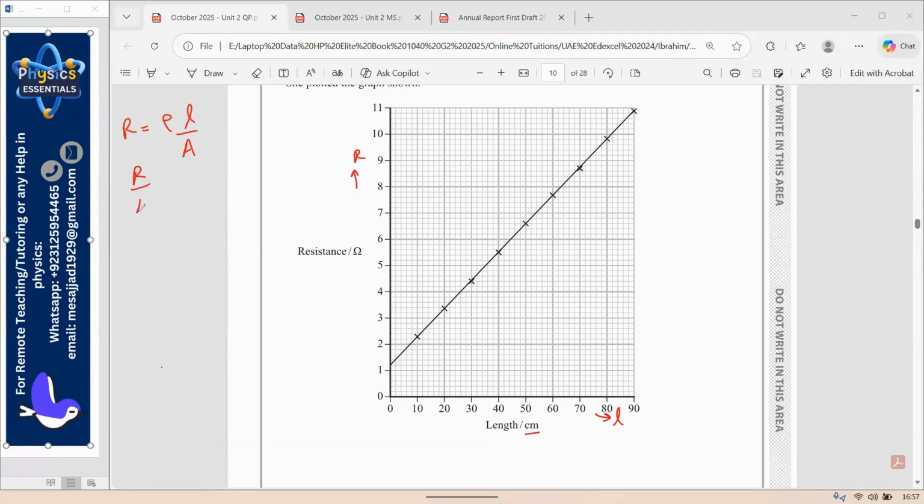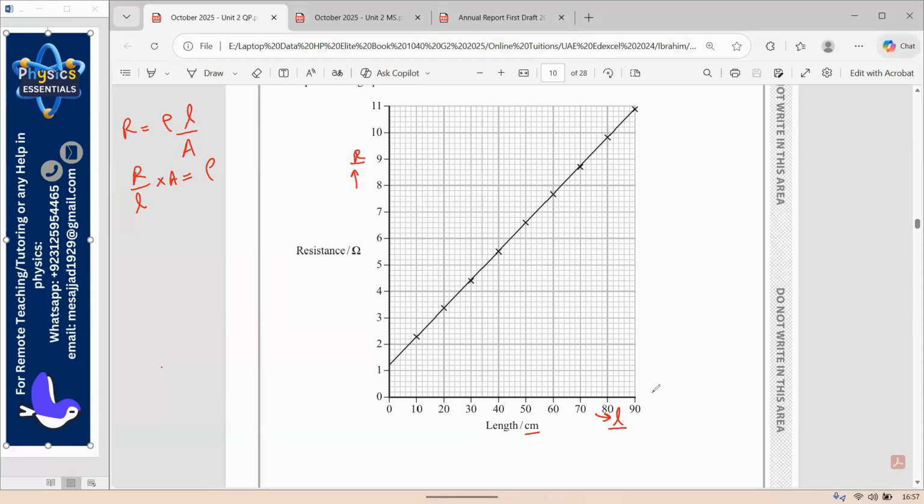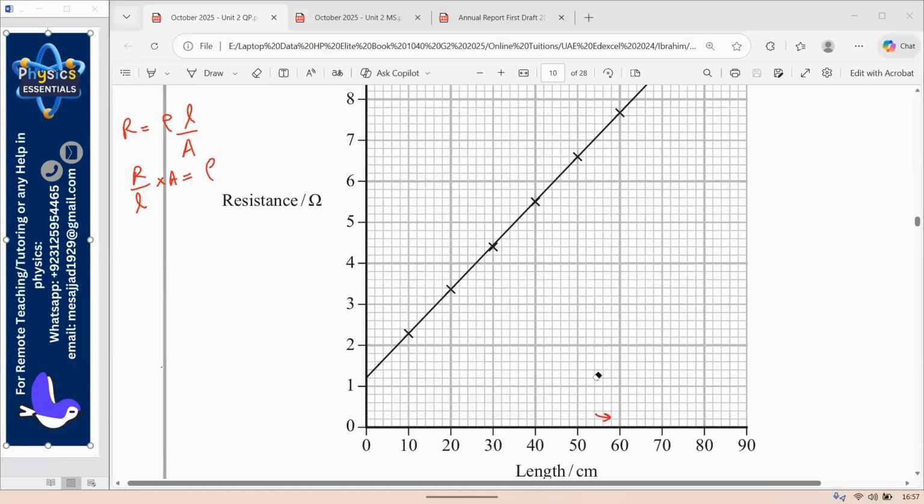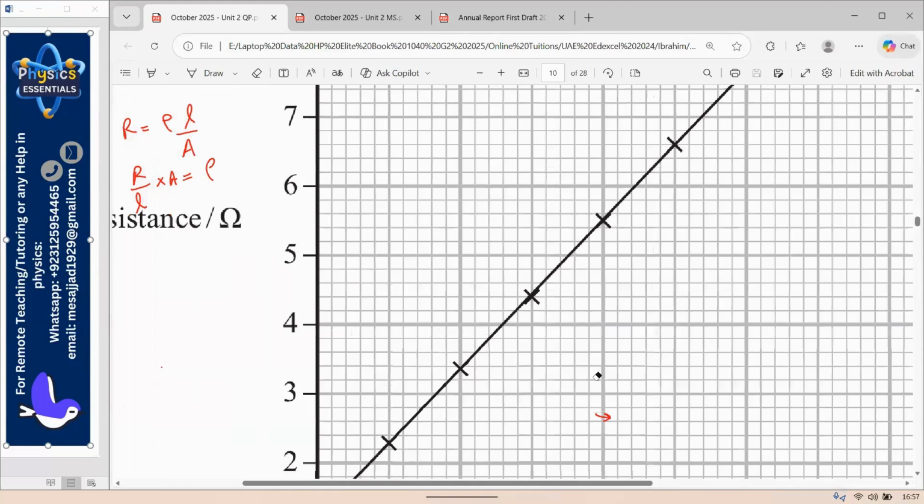Now you don't have the value of resistance here, you don't have the value of the length here, but rather you have the resistance on the y-axis and the length on the x-axis. So that means if you take the gradient of this graph, you will get both of these values in the form of gradient.